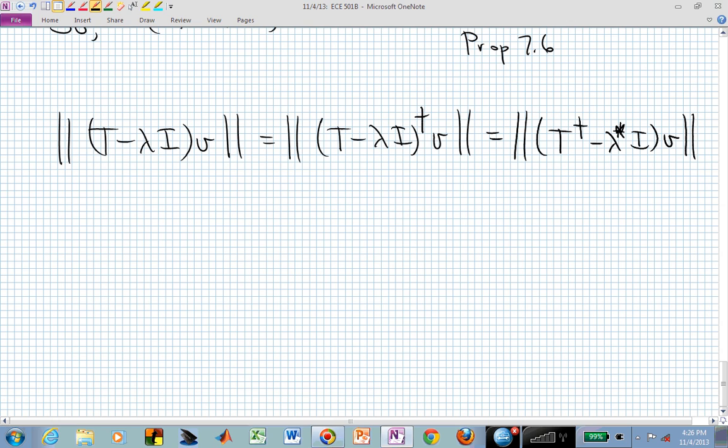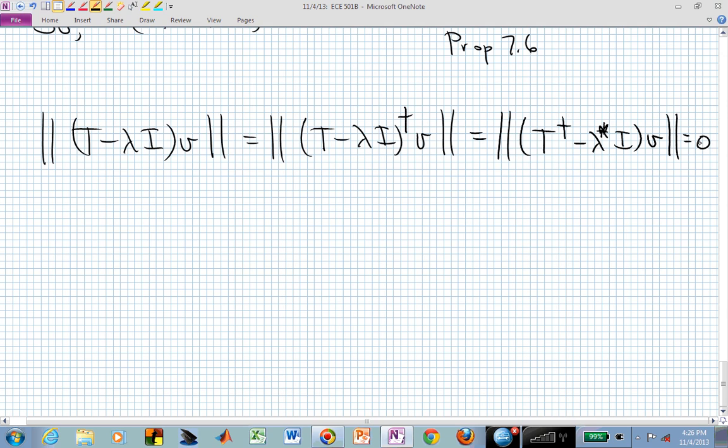Lambda and v, I assumed in the first place, were an eigenvalue and eigenvector. So (T minus lambda I) v is 0, so its norm is 0. That means all these terms are 0. So I can say that (T dagger minus lambda star I) v is equal to 0.